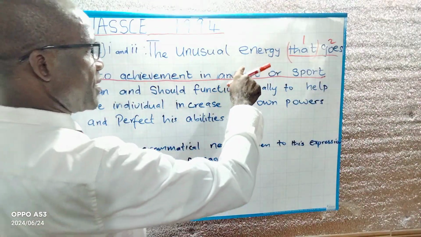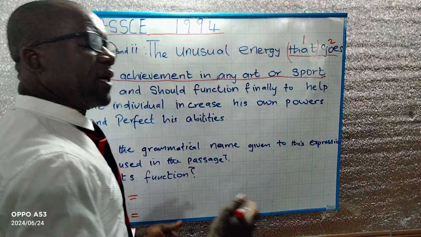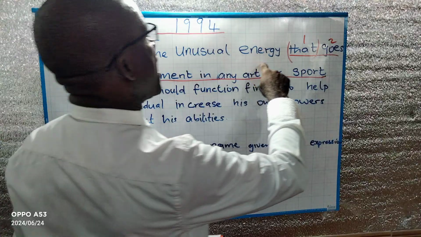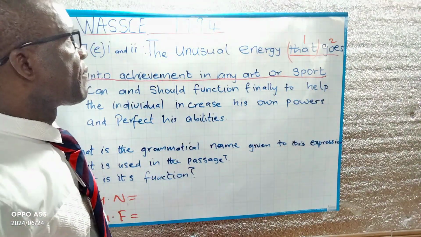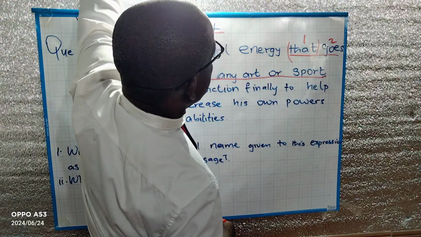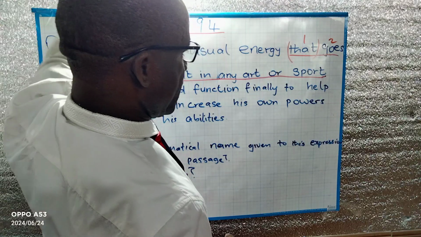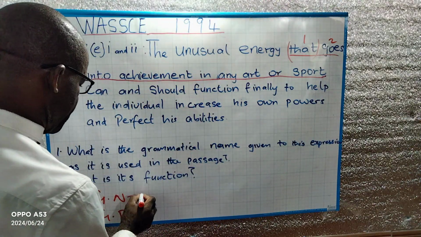It is coming after the noun energy. So we can agree or accept that the underlying expression is an adjectival clause. We also know that adjectival clauses are also called relative clauses. So, grammatical name is what? Adjectival clause.